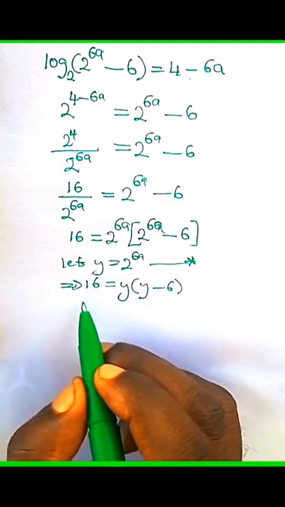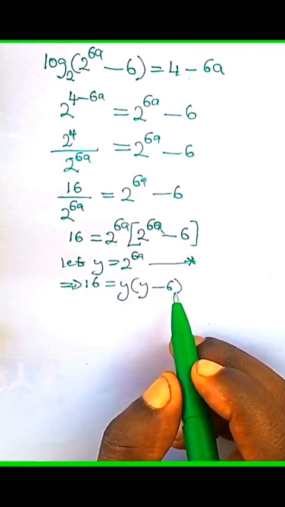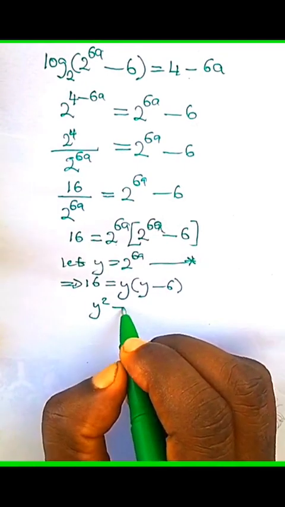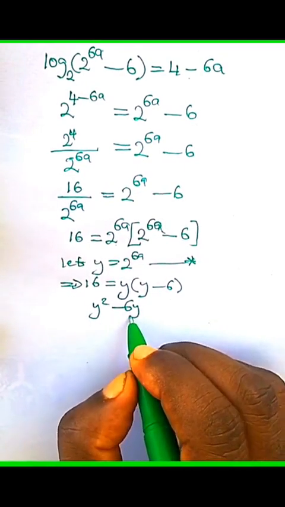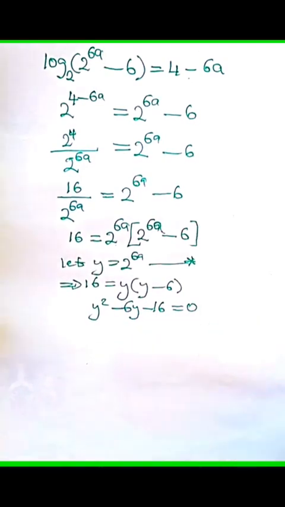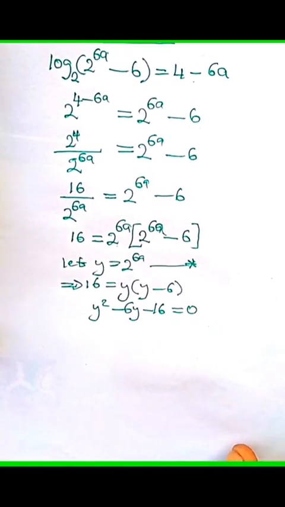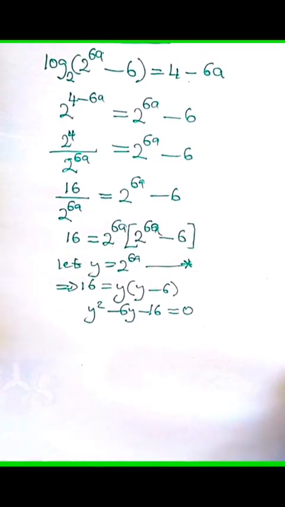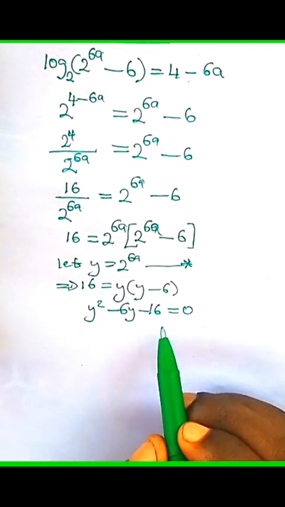So if you rearrange all this, what you're going to get will be y squared minus 6y minus 16 equals 0. So we are getting a quadratic equation, and by looking, this equation can be factorized.